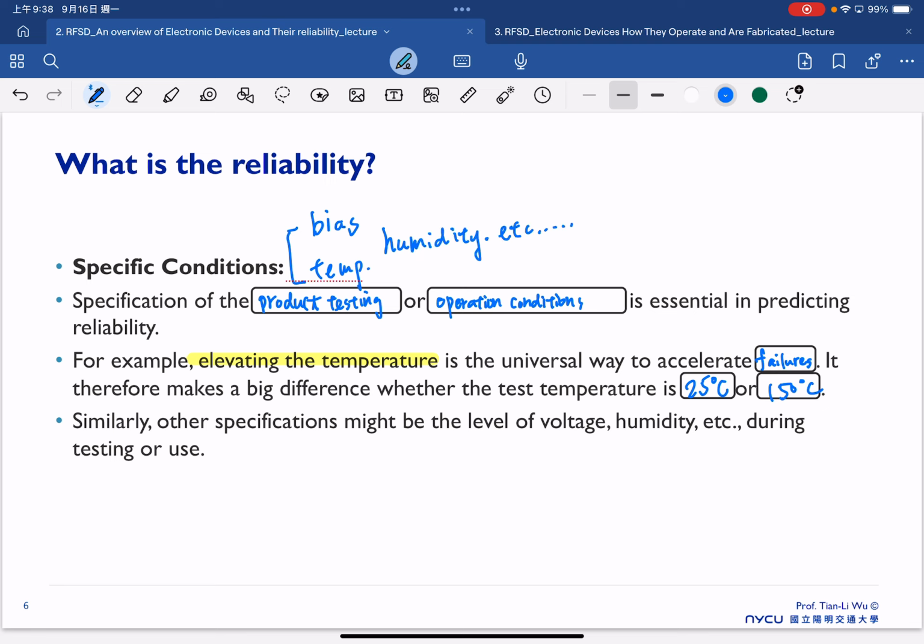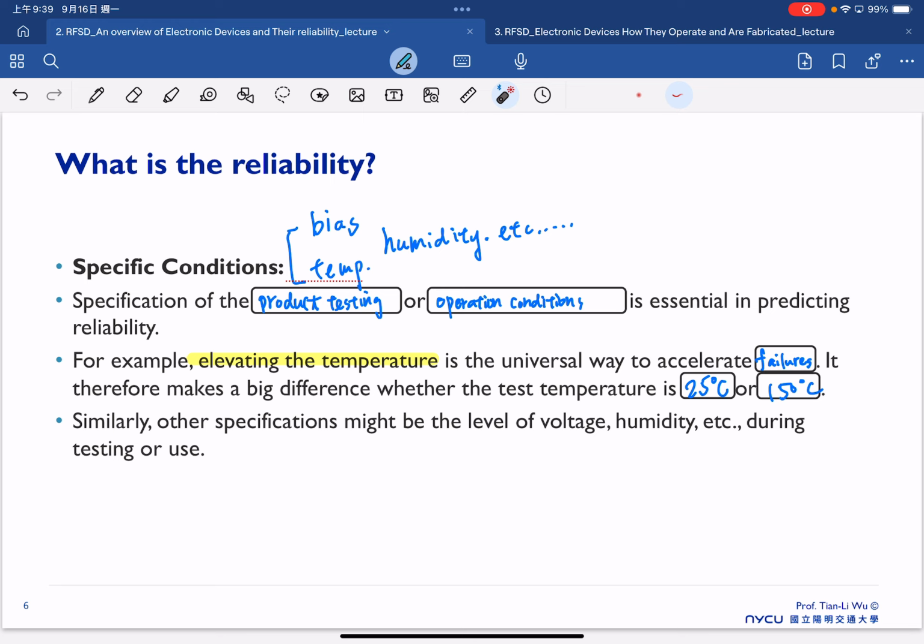So these are all the specific conditions that we need to carefully understand when we start to do the reliability testing, or start to define the reliability specs. Similarly, other specifications might be the level of voltage, or humidity during the testing or use. So when we talk about reliability, it has to be correlated with what kind of condition it is for.